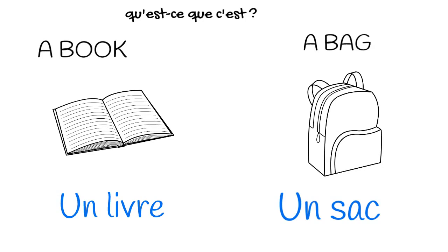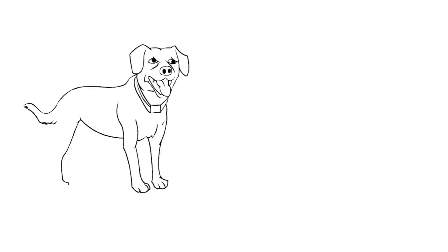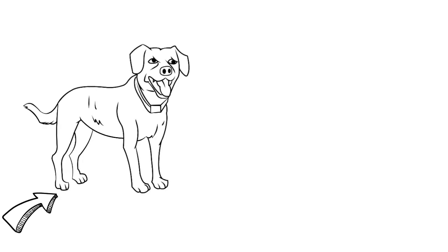Guys, in French, the male gender dominates. That is, when we are talking about animals, in general, we use the masculine article. We consider that all animals are male, until and unless we are referring to a female animal.